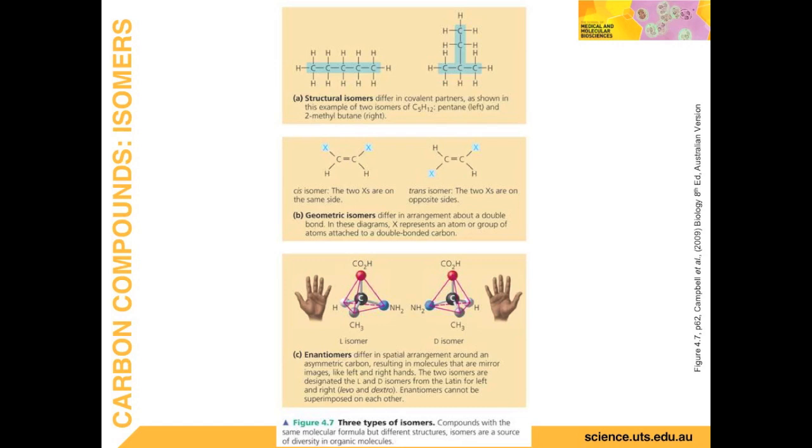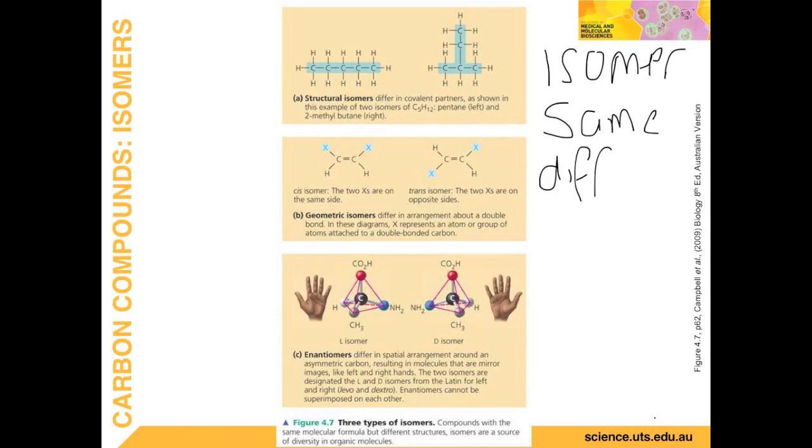Now, when we're talking about carbon compounds, we have isomers. And isomers are a compound that has the same molecular formula but a different arrangement of those elements in space.